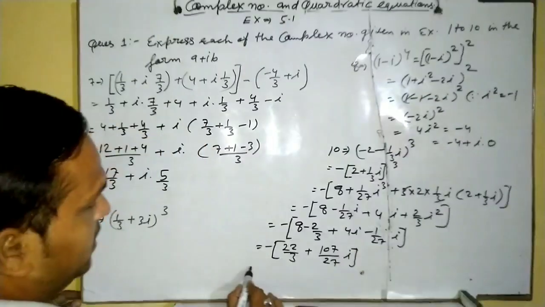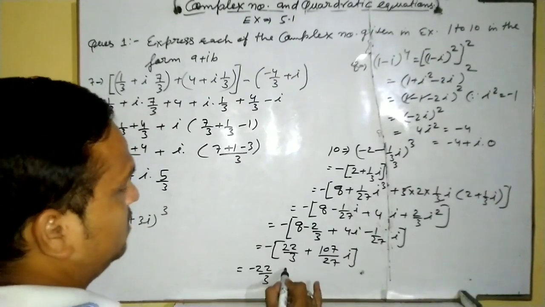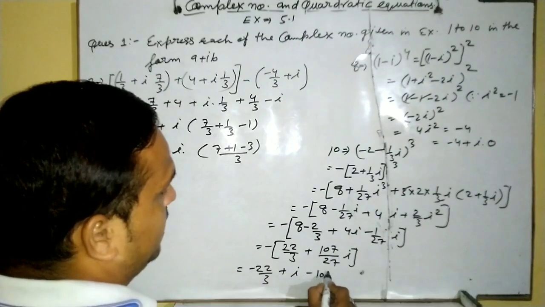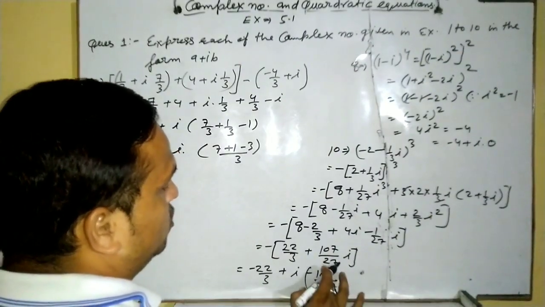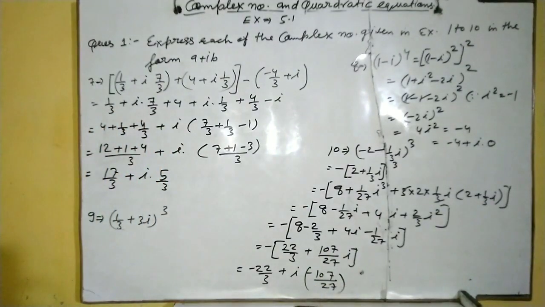Just open the bracket, so this will be minus (22/3 + i(−107/27)). So this is the a + ib form. Up to question number 10 we have solved. Now we are going to discuss more questions.